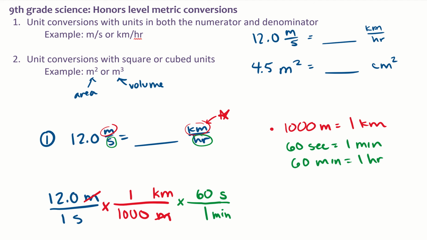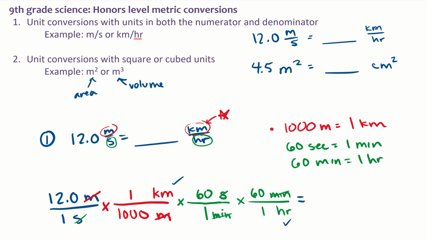Okay. And that will cancel my seconds. And now I'm in minutes in my denominator. Okay. But that is not quite done because I actually want hours in my denominator. So I know I can cancel minutes and get to hours by writing down that there's 60 minutes in every 1 hour. Okay, so then my minutes cancel, and now if y'all look, I'm where I need to be. I want kilometers in my numerator and hours in my denominator, so that's great. I can write my equal sign.